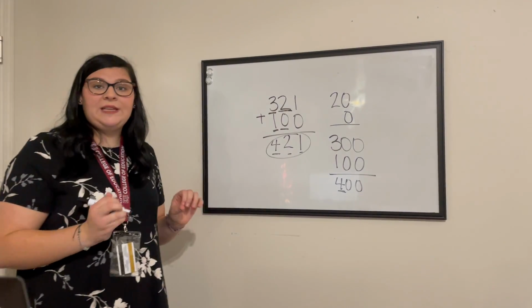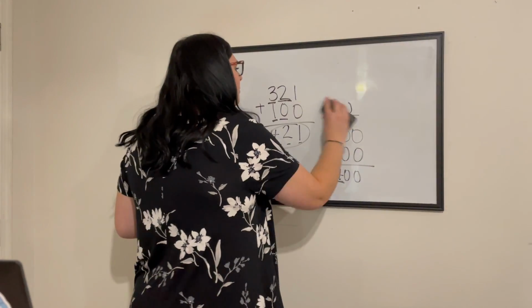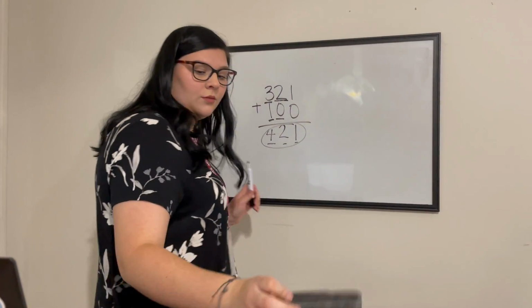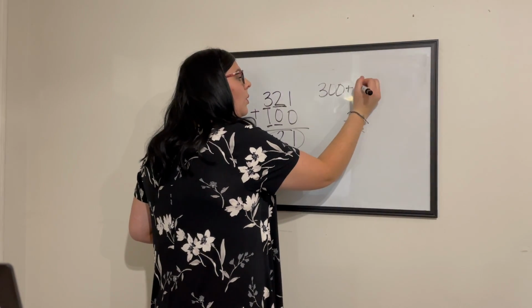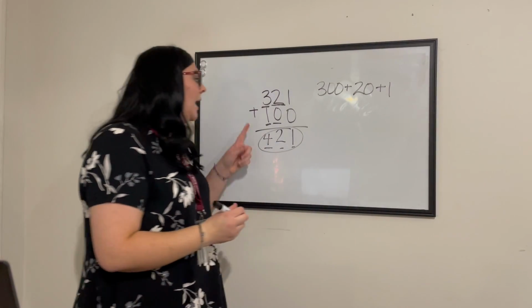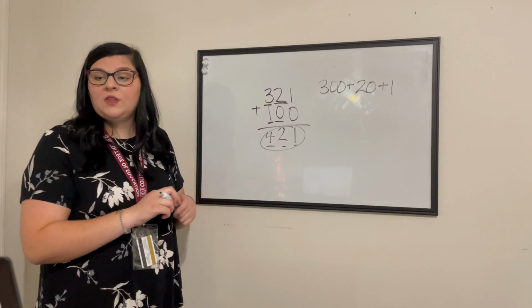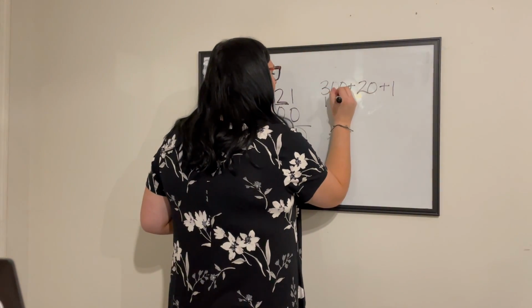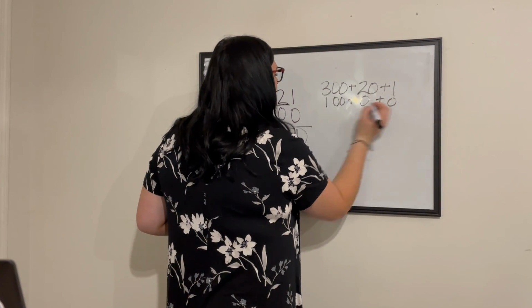Now let's break this down. So 321 is 300 plus 20 plus 1. And 100 would be, very good, 100 plus 0 plus 0.